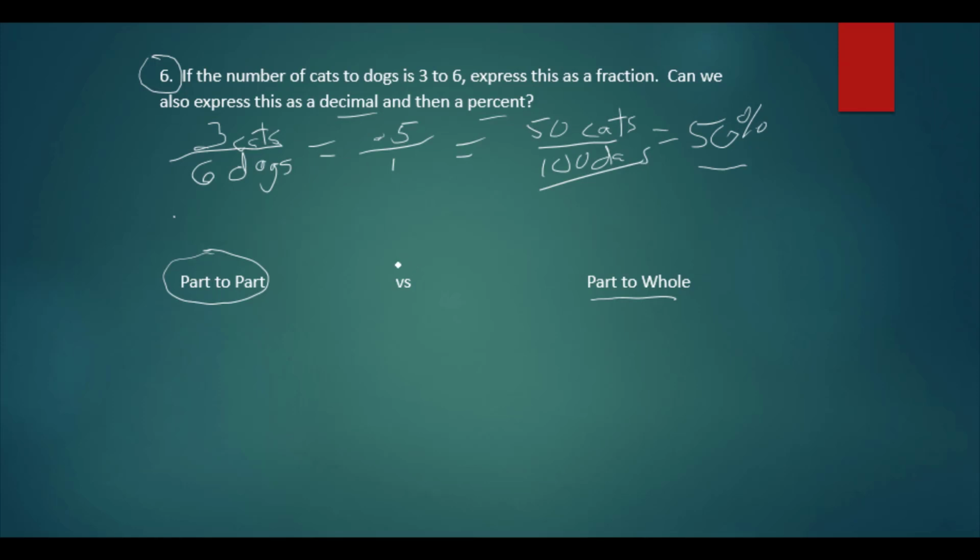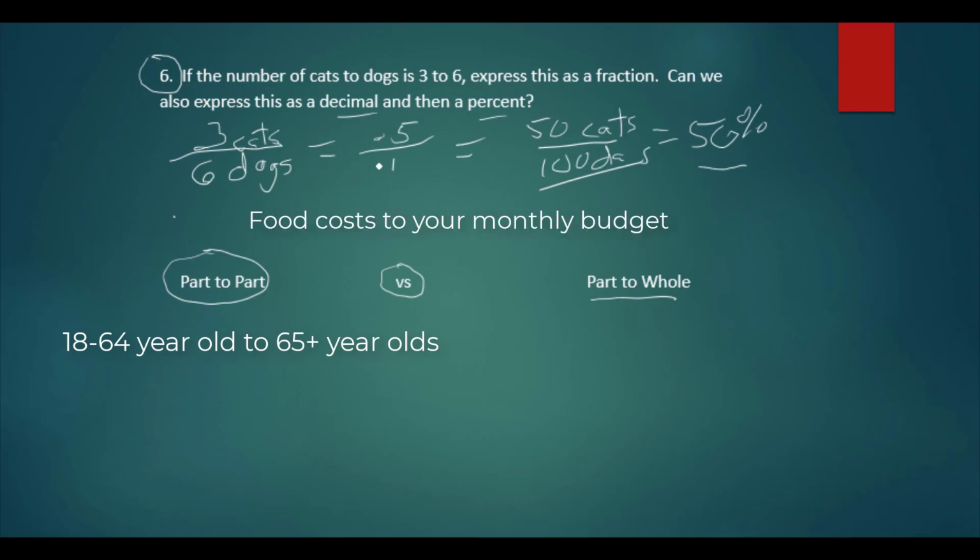Now let's just review this. Well, it's not a review, but let's go over what would be part to part and part to whole. And you kind of decide and I'll move them. But what about 18 to 64-year-olds compared to 65-plus-year-olds? Is that part to part or part to whole? Well, if you guessed it's part to part, you're correct. What about food cost to your monthly budget?